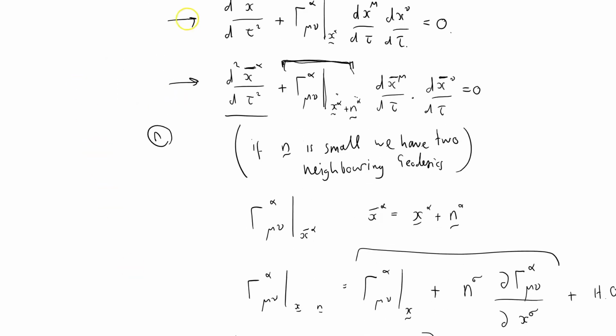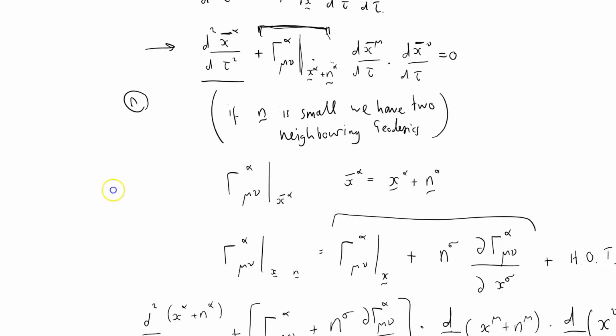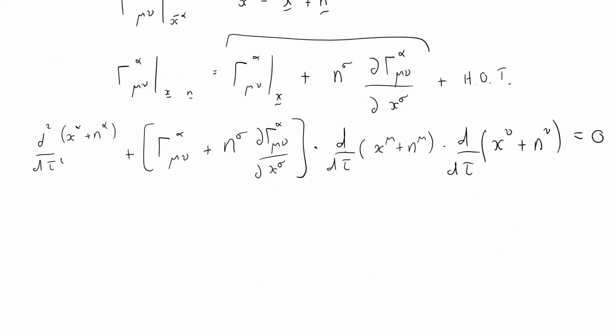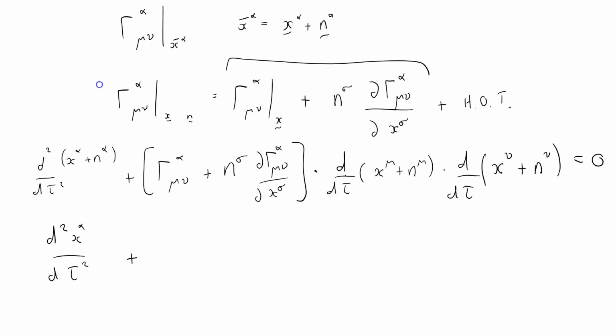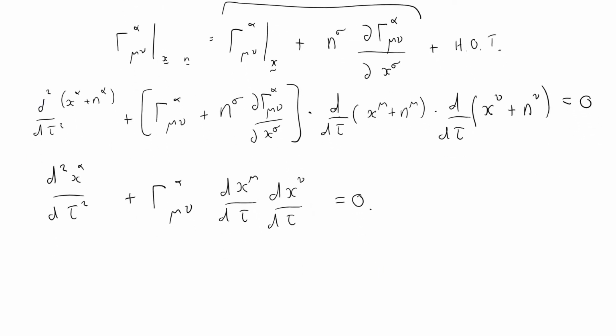So what I can do is write down the equation for the reference particle here, and then I'll just subtract that off. I guess that's the essence of calculus. So I've got d2x alpha by d tau squared, plus Gamma alpha mu nu dx mu by d tau dx nu by d tau equals 0, and I'm going to subtract one equation from the other and see what happens.